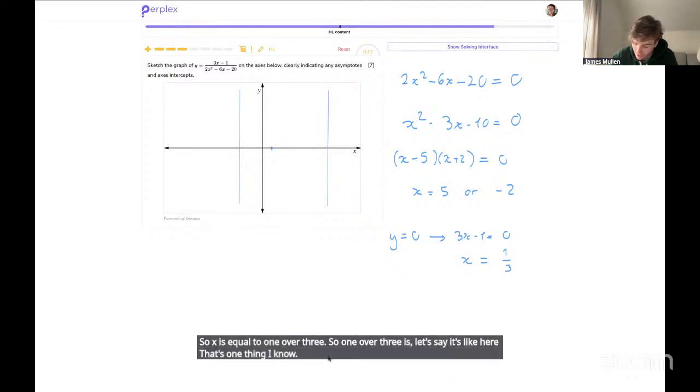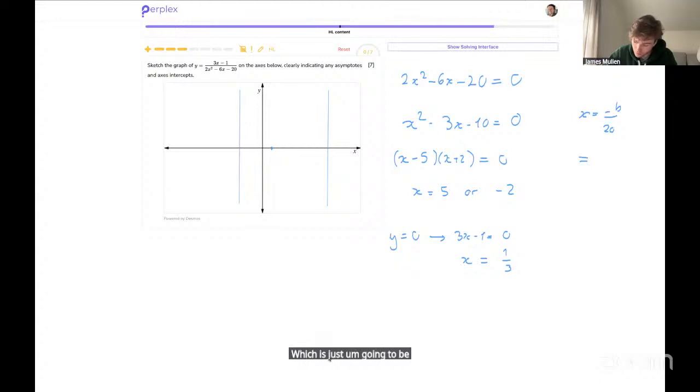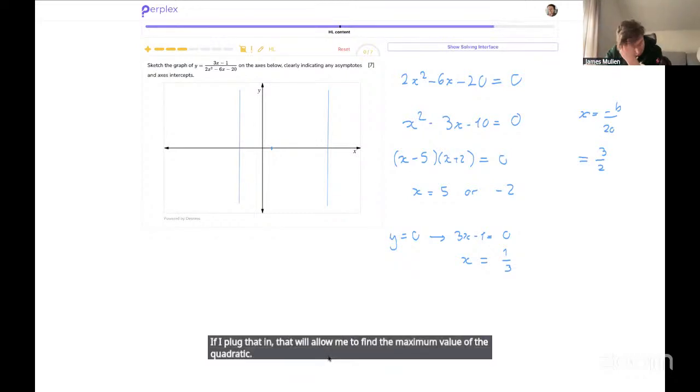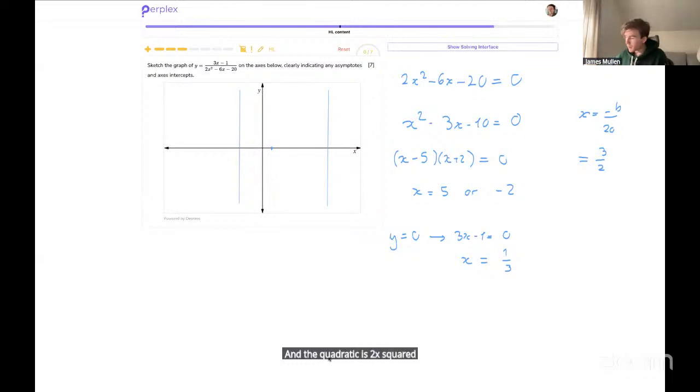Now, this quadratic is going to have an axis of symmetry, x = -b/2a, which is just going to be 3/2. If I plug that in, that will allow me to find the extreme value of the quadratic, and the quadratic is 2x² - 6x - 20.